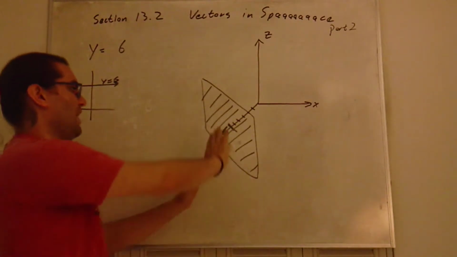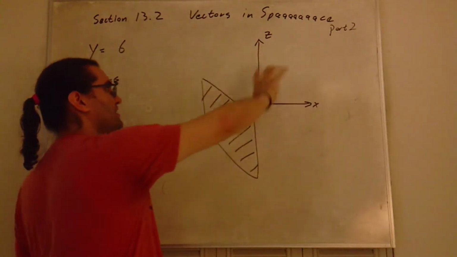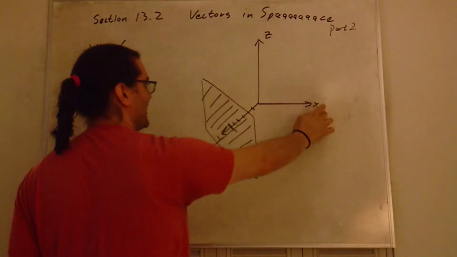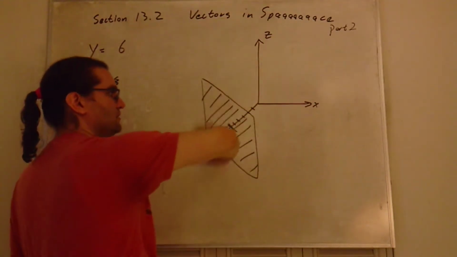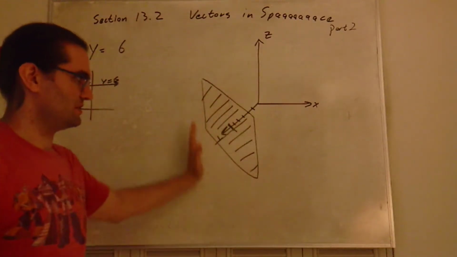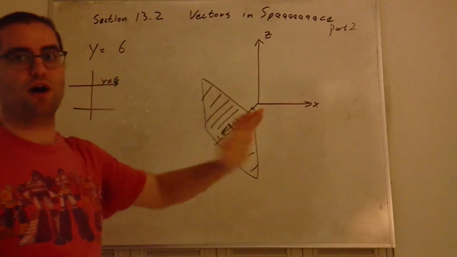So y equals 6 is any combination of z and x you can get where y is 6, which gives you this entirely flat plane at y equals 6.